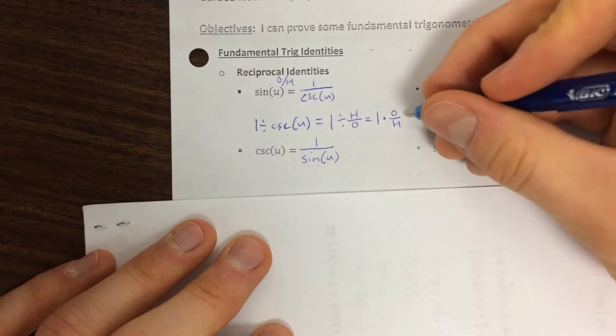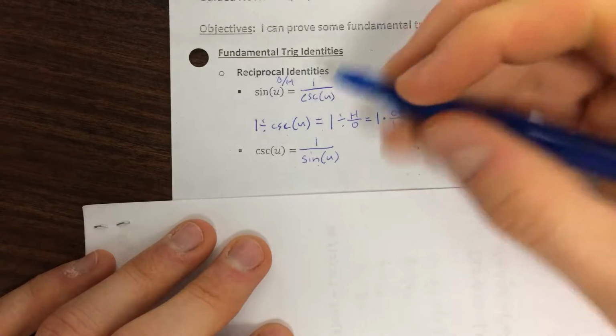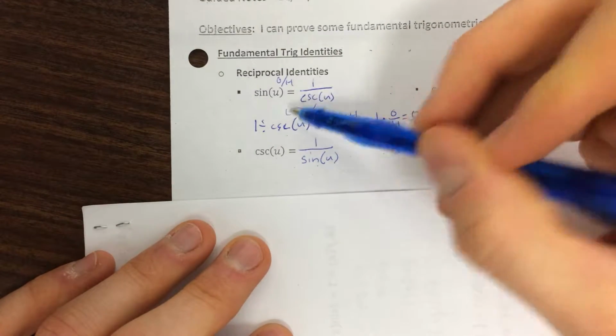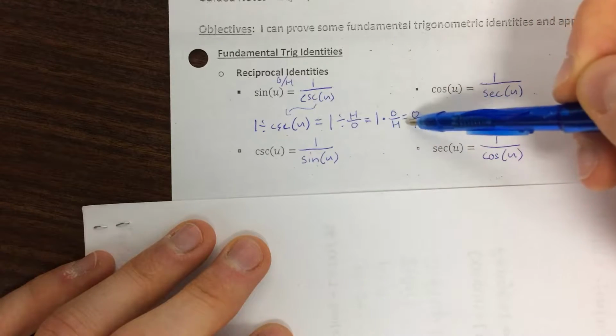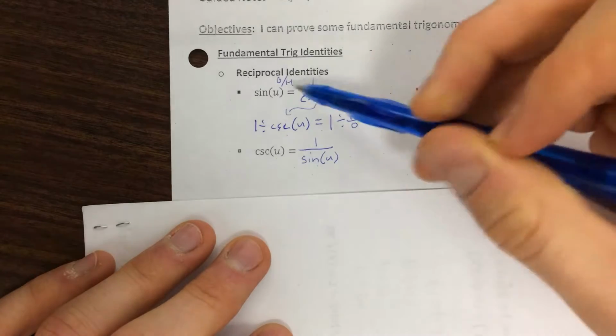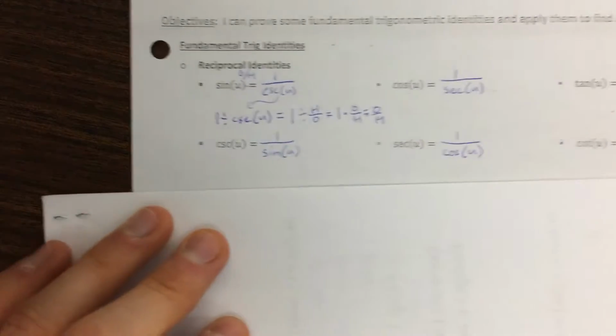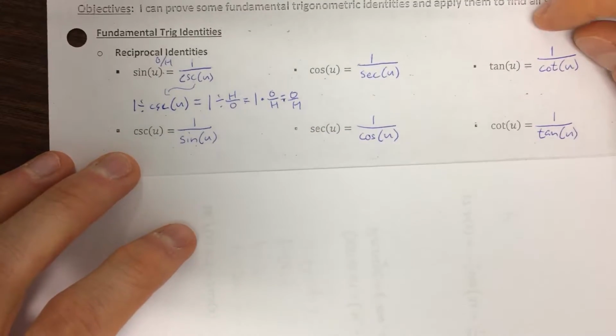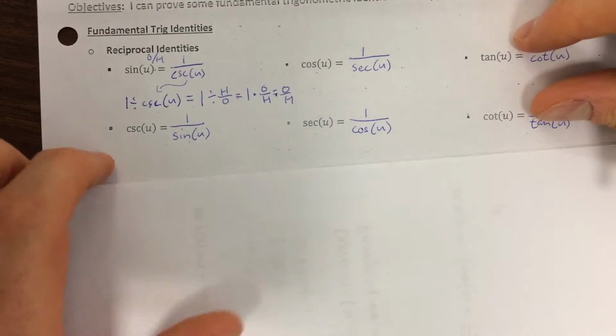And 1 times anything is itself. So what I'm showing here is 1 over cosecant is this, but in this line of equality, we see that that's actually the same thing as sine. And we can do that for all of these 6 trig functions. If you need to pause this so you can write this down, that might be good. Just for time, I'll keep going.